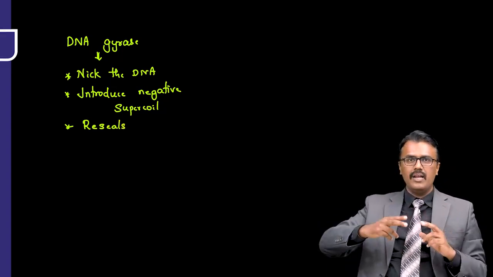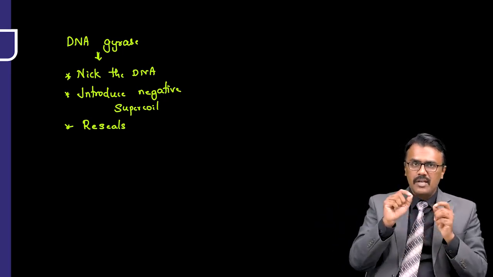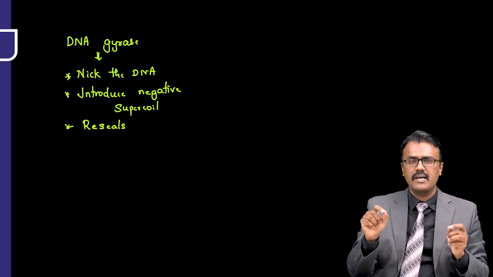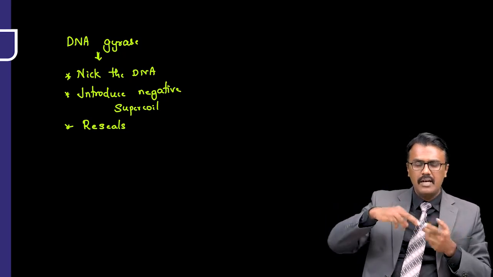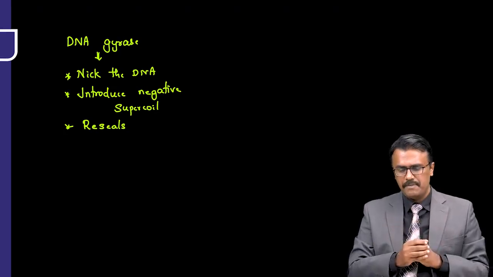First, when there is supercoiling, it will nick that DNA, that means cut it, and introduce a negative supercoil. Once that coiling is corrected, it will reseal it back. That function is done by DNA gyrase so that replication occurs normally.